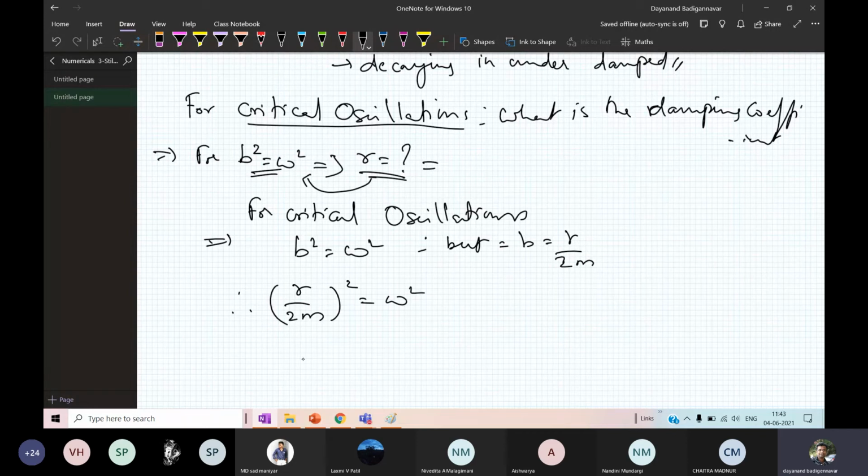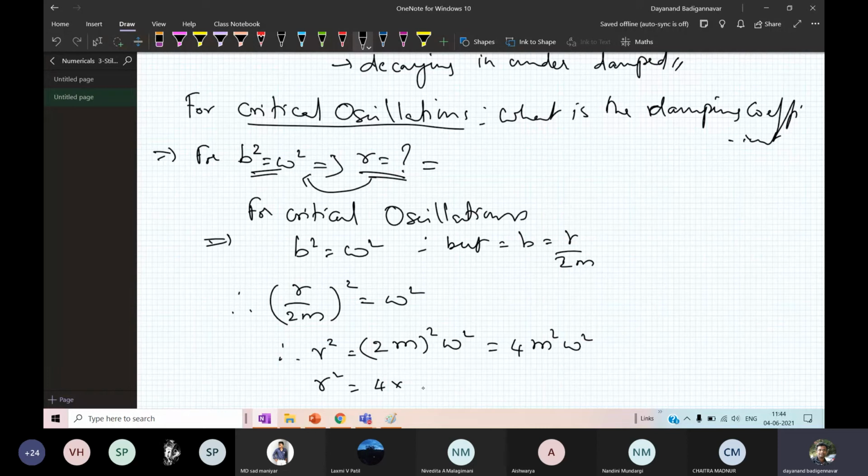Therefore r square is equal to 2m square into omega square, that is equal to 4m square into omega square. So first evaluate r square.